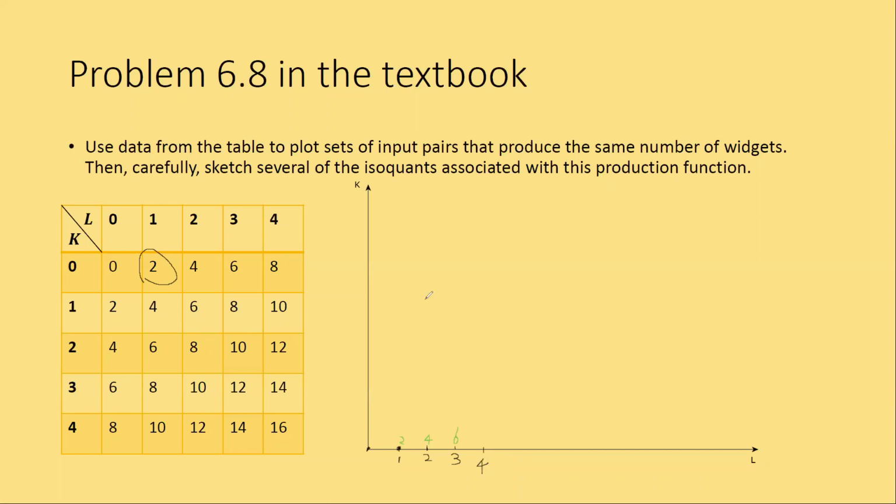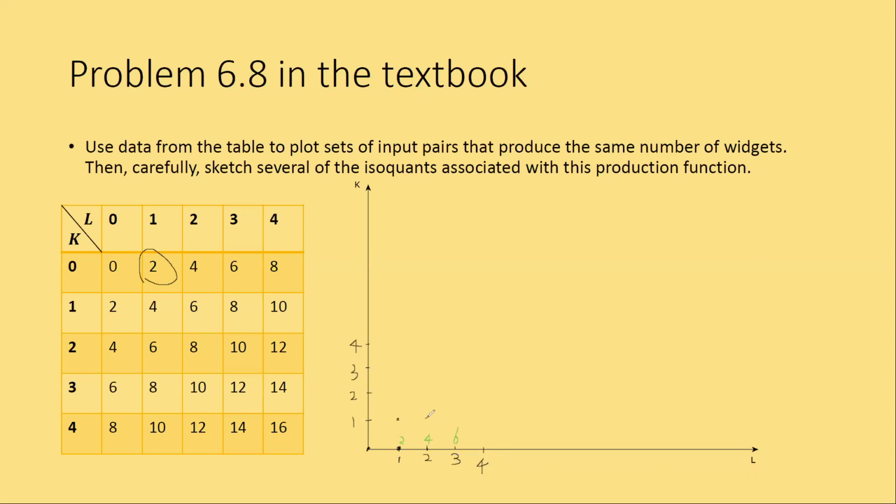We are basically translating everything that is on the table to our graph. And recall, the black is the units of labor and units of capital that the firm uses, while the green one is the total output that the firm is producing.